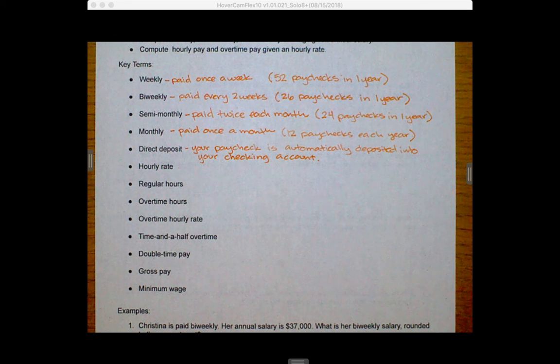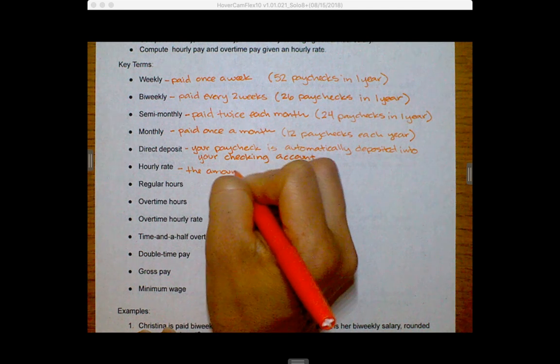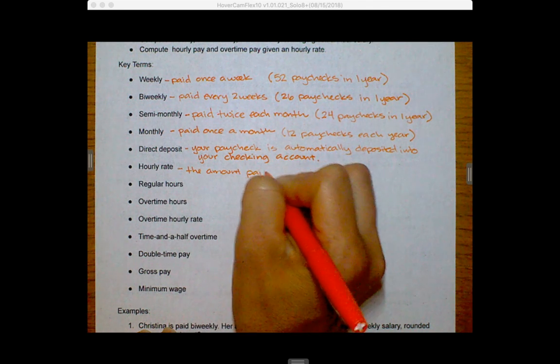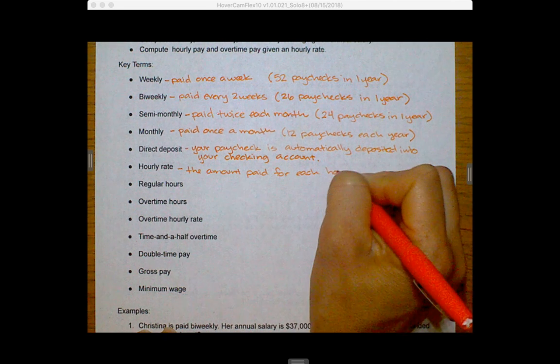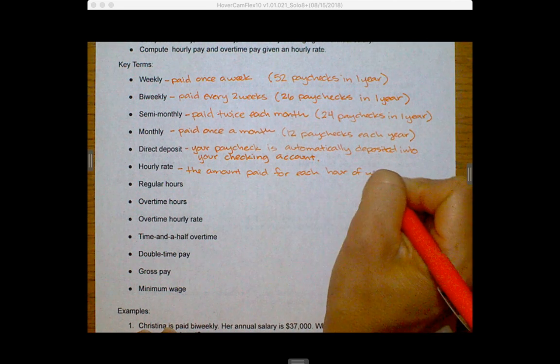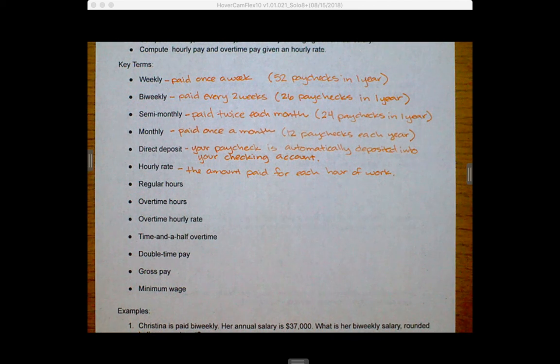All right. So the next one, okay, hourly rate. This is the amount paid for each hour of work. Okay, regular hours.